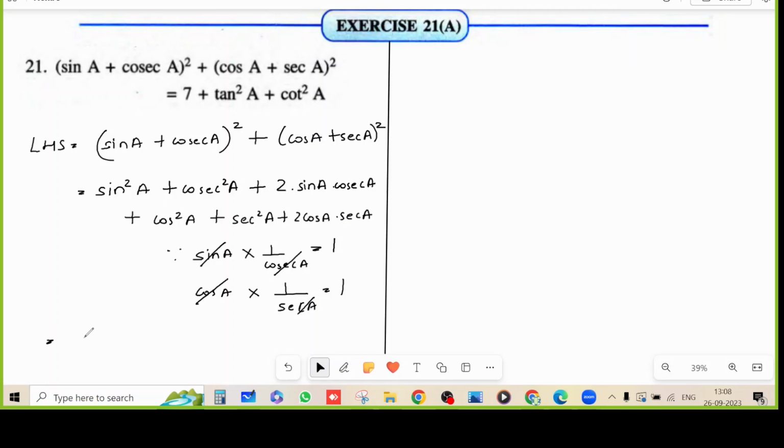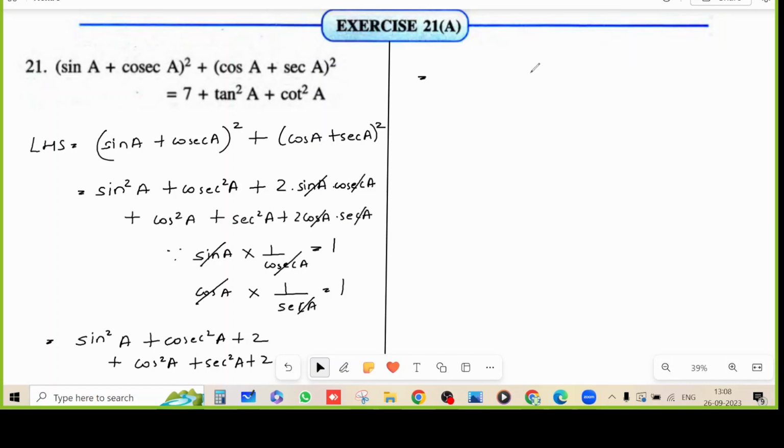So we will get the expression as sin square A plus cosec square A plus 2 plus cos square A plus sec square A plus 2, because this part will get cancelled out.